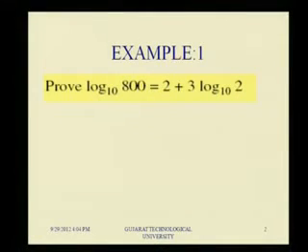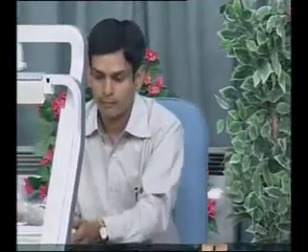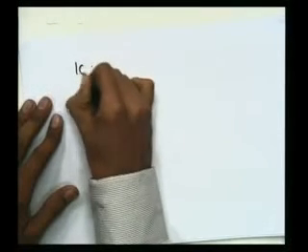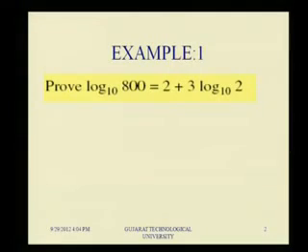First example, we want to prove log base 10 of 800 equal to 2 plus 3 log base 10 of 2. Let us see on the table. Question is log base 10 of 800 equal to 2 plus 3 log base 10 of 2.